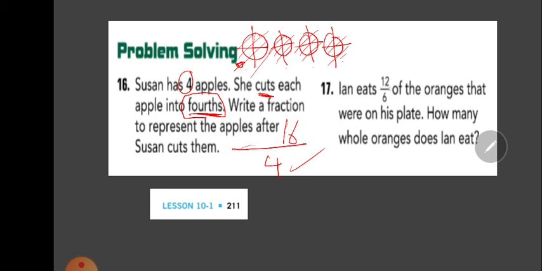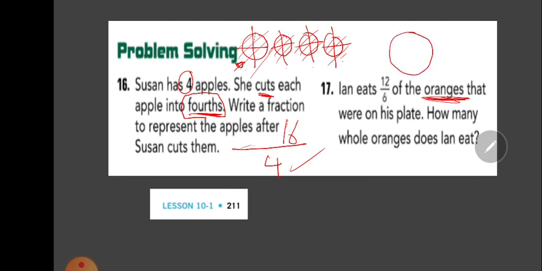Lan eats 12/6 of the oranges that were on his plate. The orange, can I represent it with a bar or with a pie? A pie. Now, they didn't tell us how many oranges, so I'll draw one only.